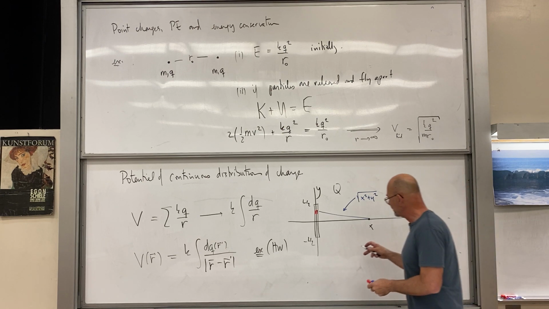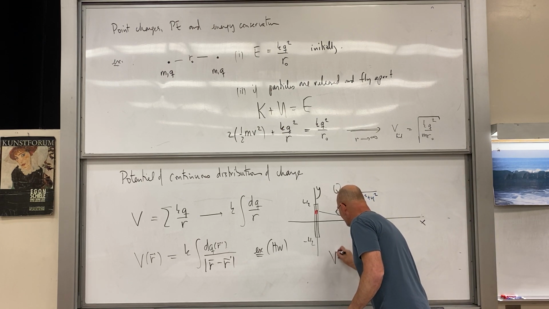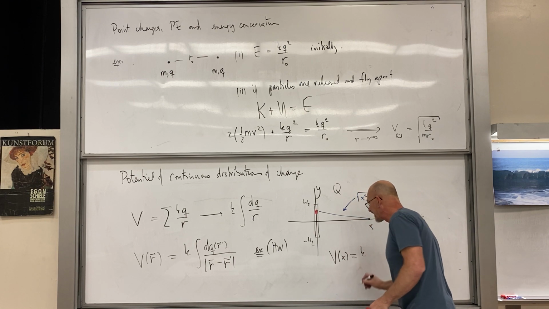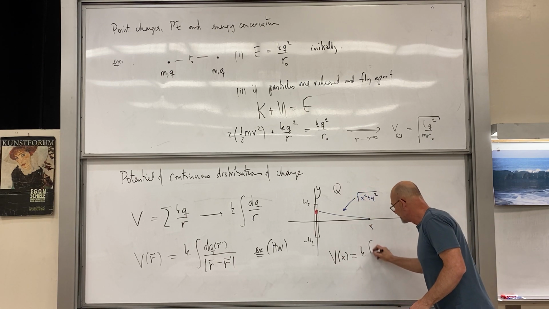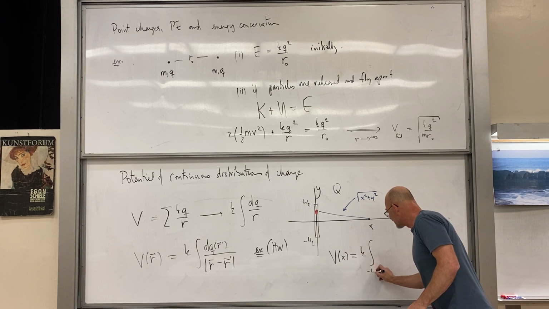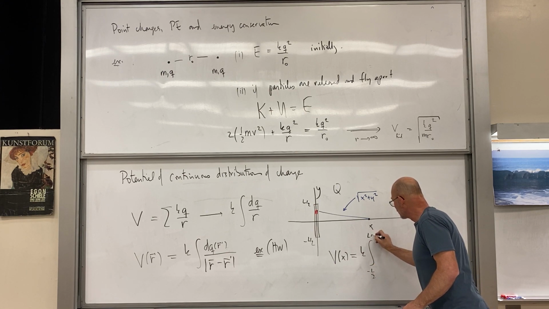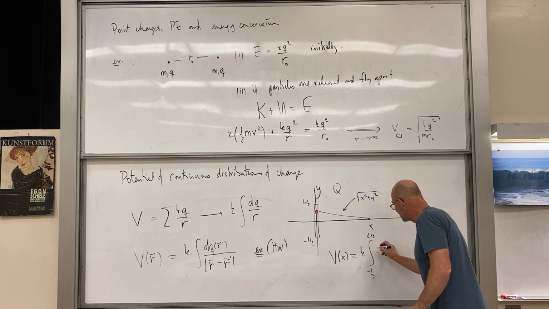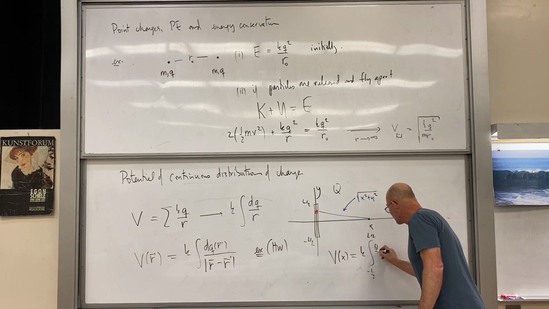So what would our V be? We would have a V of x, got a k. The integral is going to be minus L over 2 to L over 2. And this dq is going to be q over L dy.